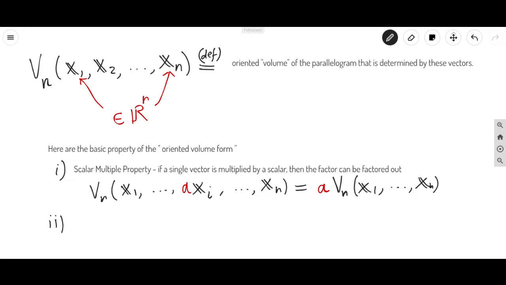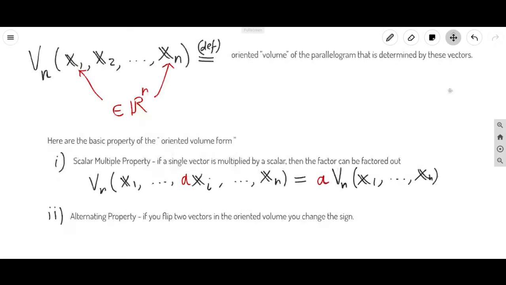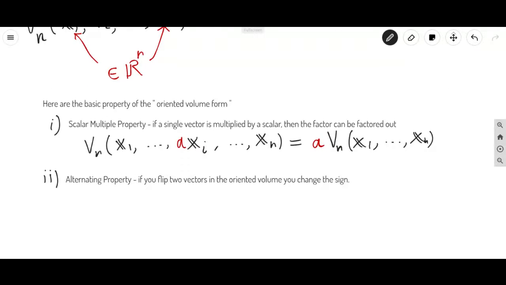The other property that we mentioned is called the alternating property, which in words says if you flip two vectors in the oriented volume, you change the sign, because you're changing the orientation of the parallelogram.